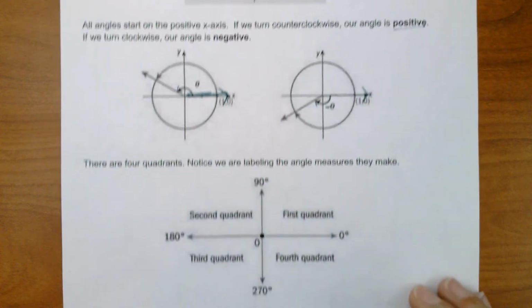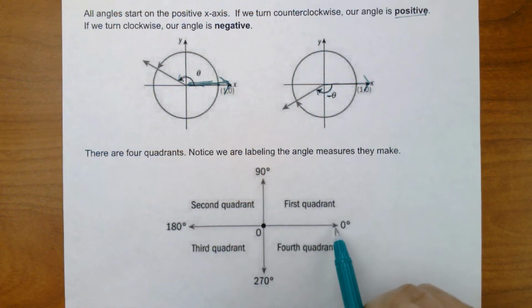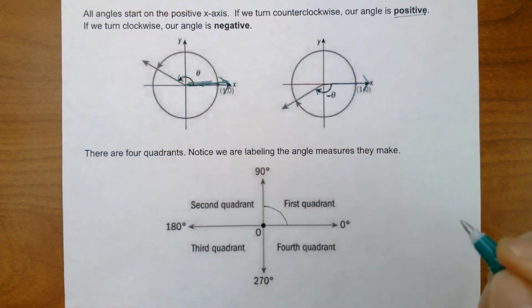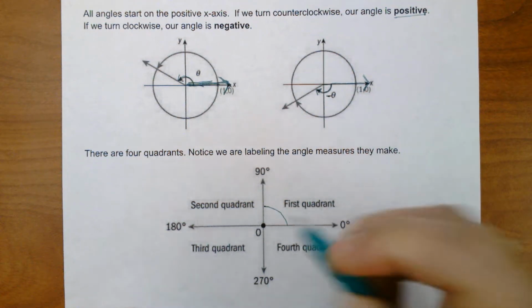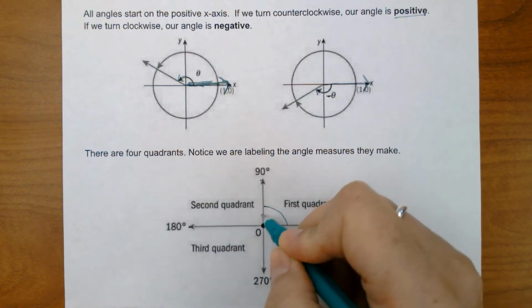Okay, let's look at the quadrants. There are 4 quadrants. Notice we are labeling the angle measures that they actually make. So the first quadrant is between 0 and 90 degrees. The second quadrant is going to be between 90 degrees and 180, so from here to here.